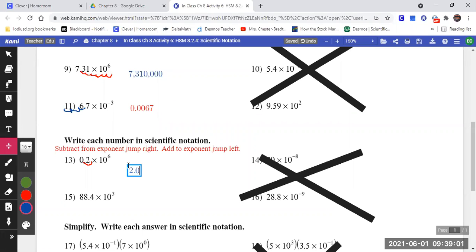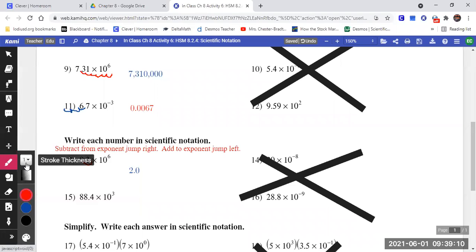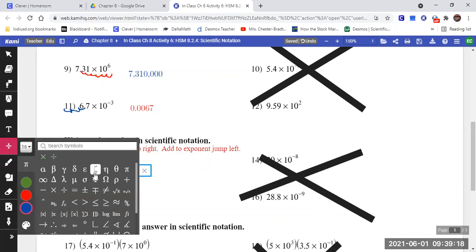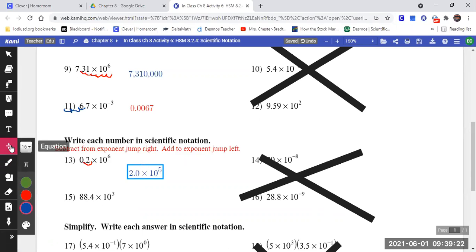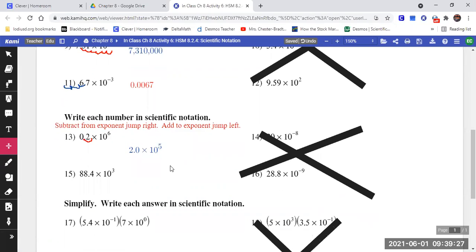This should have been 2.0 times 10 to the 5th. They jumped too far. Okay.